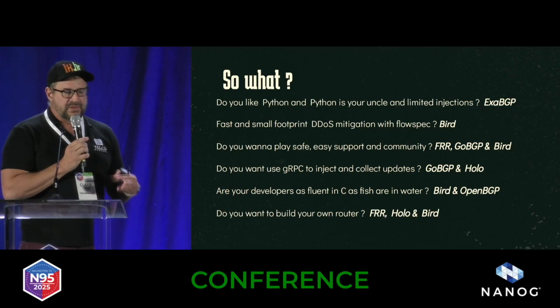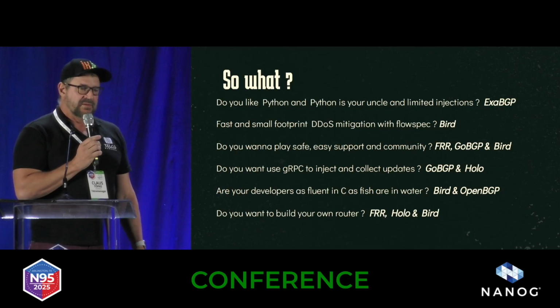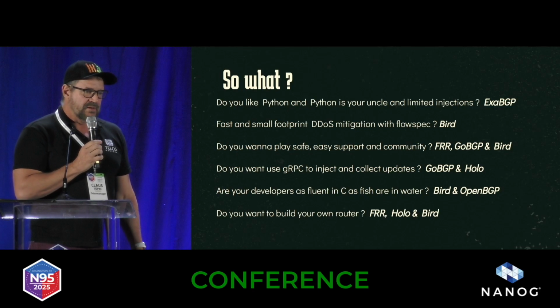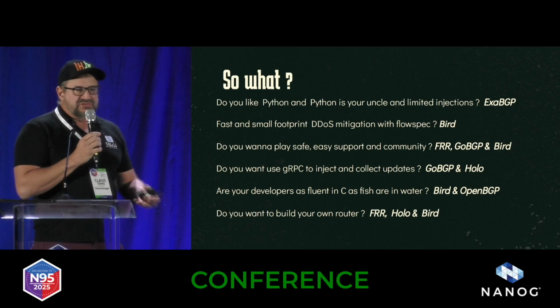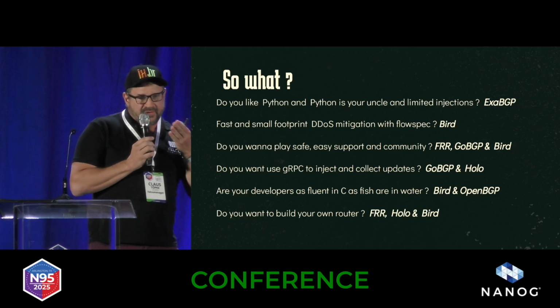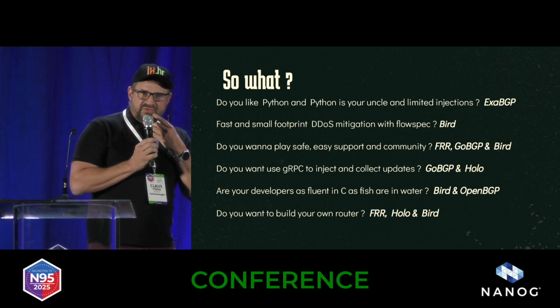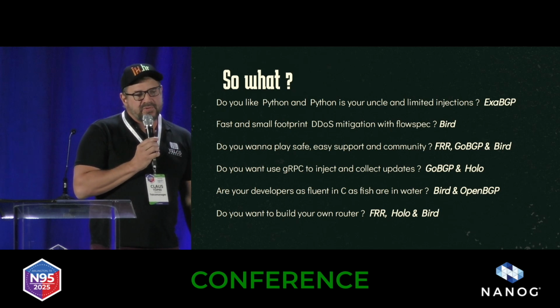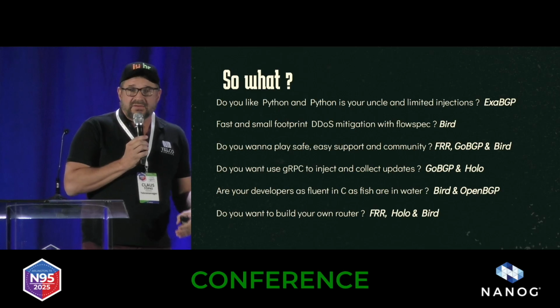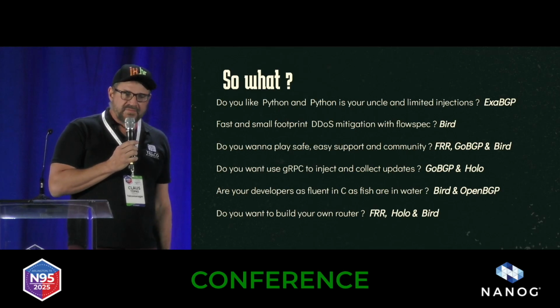It's going to go really quick, and it's going to be more performant. But if you want documentation and community support, you're going to go for FRR. FRR is the most used one, and probably the choice if you want other routing protocols as well.